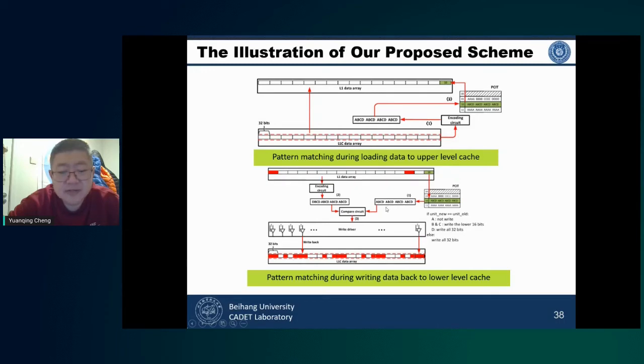With this comparison, we can identify which bits should be written back to the lower level cache, and which bits remain the same and need not be written back. We can simply drop them safely. So through this scheme, we can save a lot of write energy.